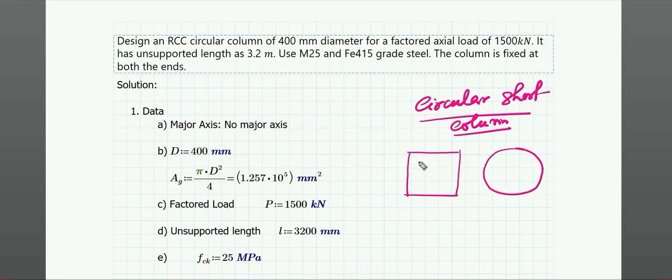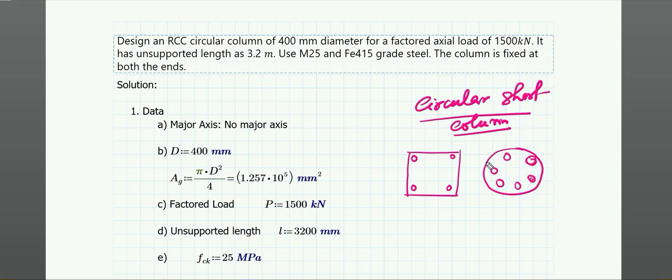The only difference that you will find is that in case of rectangular we have minimum 4 numbers of bars required, but in case of a circular column minimum of 6 numbers of bars are required, right? Minimum of 6 numbers of bars are required.